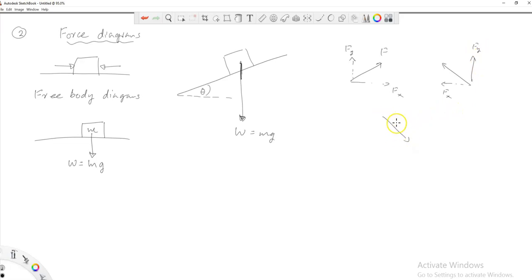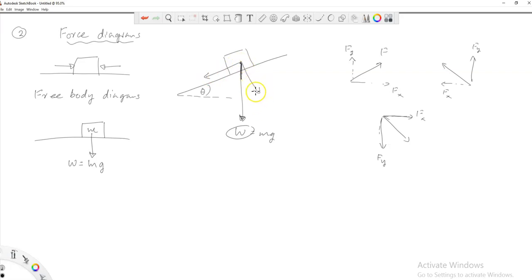If the force is pointing downwards, this is your Fx, this is your Fy, right? We used to split things into x and y components, horizontal and vertical, for simplicity. There is no rule saying that you have to do it all the time. So in this case, to make things easier, we're going to divide this weight vector, or this mg, into a parallel component and a perpendicular component.